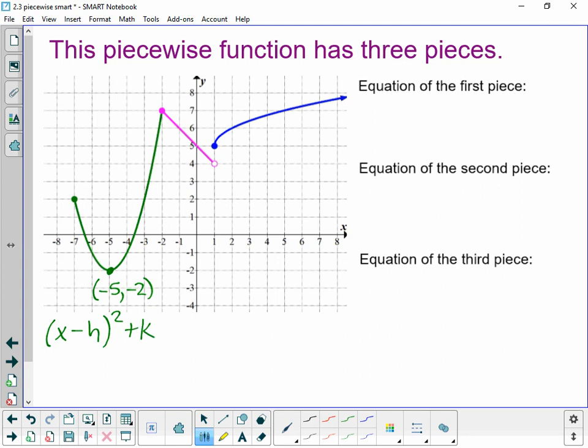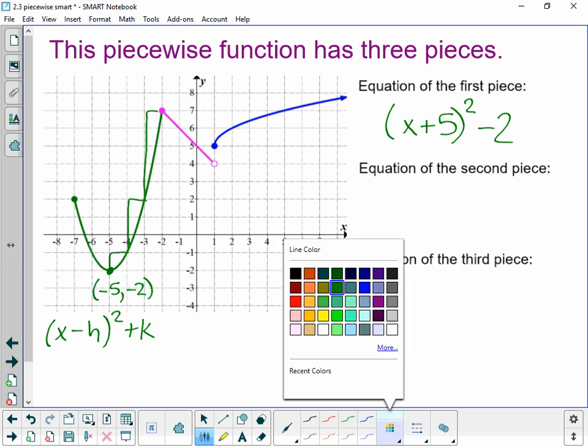So for our particular parabola here, it's a good idea to check and see if it's stretched, but this one is following a 1, 3, 5 pattern, so it's not stretched. So we'll use that vertex to write our equation, (x + 5) squared, and then minus 2, shifted down 2. Okay, so that's the equation of the part that is the shape of a parabola.